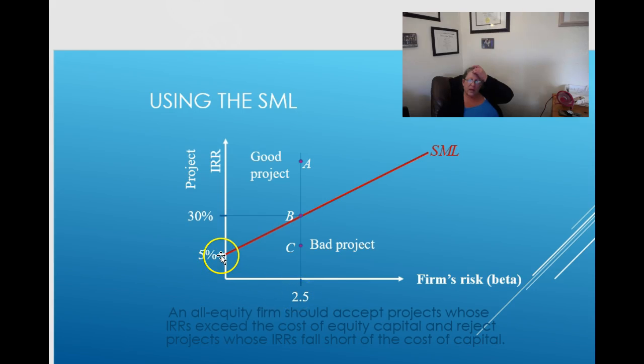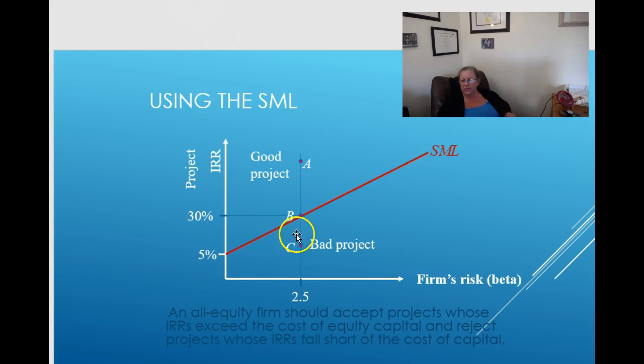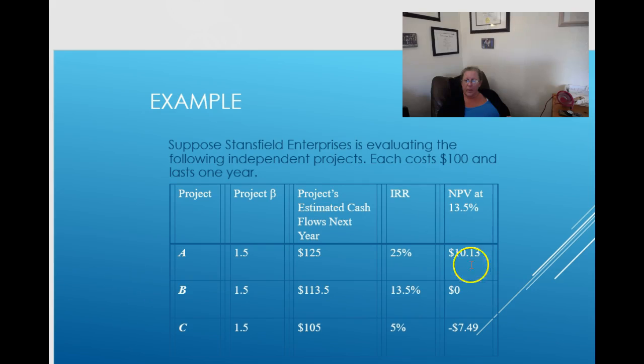But you can see that they plotted the security market line here, starting with the first one that had an IRR of 5%. If we go back and look, that is Project C. If we look at the market line, we can see that it falls below the market line, and so we would reject Project C. It provides us with $105 in cash flows, but also notice that it has a negative NPV.